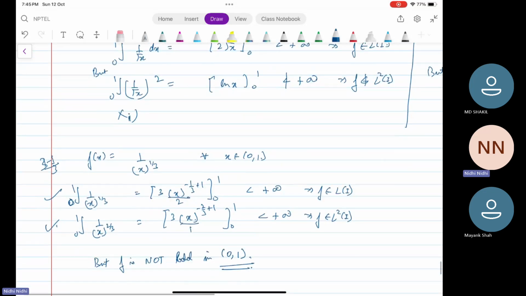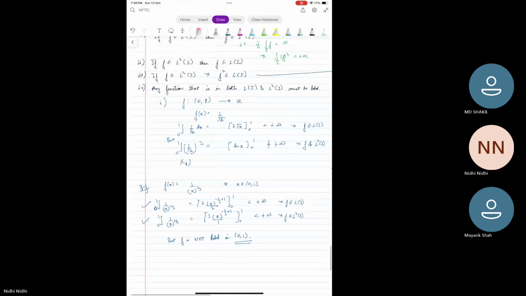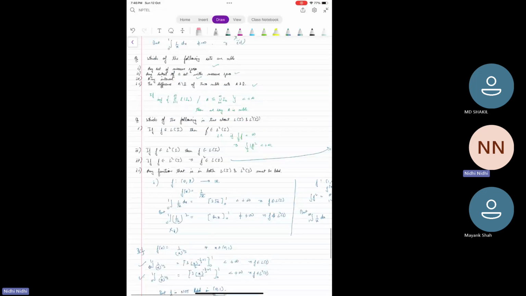So in order to overcome that problem, we went to Lebesgue integration. Also, you must have studied some improper integrals. I'll look at those problems. Otherwise, I think till here it's fine.